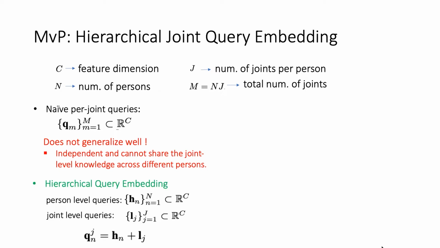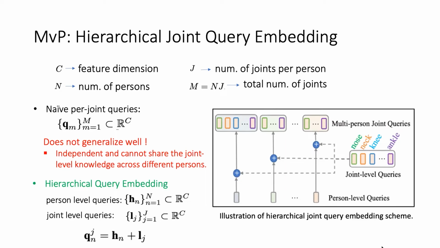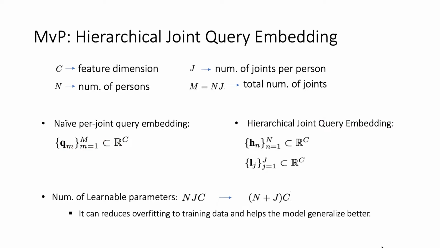So we design a hierarchical query embedding scheme. We have a separate set of person-level queries and a set of joint-level queries. We hierarchically add them to get the whole set of joint queries. Here is an illustration of the hierarchical query embedding scheme. So the joint-level knowledge can be shared across different persons, while the poses of different persons can be differentiated with different person-level queries.